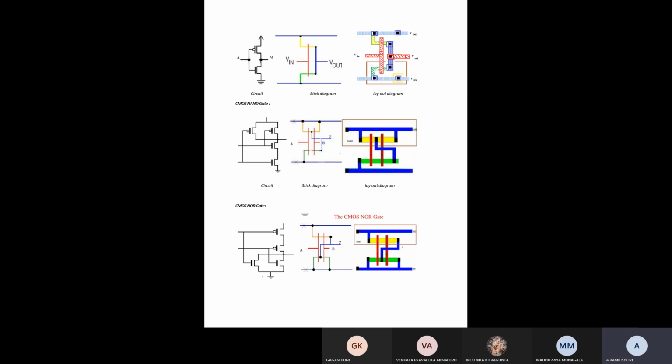First write the function, that means the functional output of any Boolean expression. From that, first draw the transistor level diagram, then draw the stick diagram, and finally draw the layout diagram.